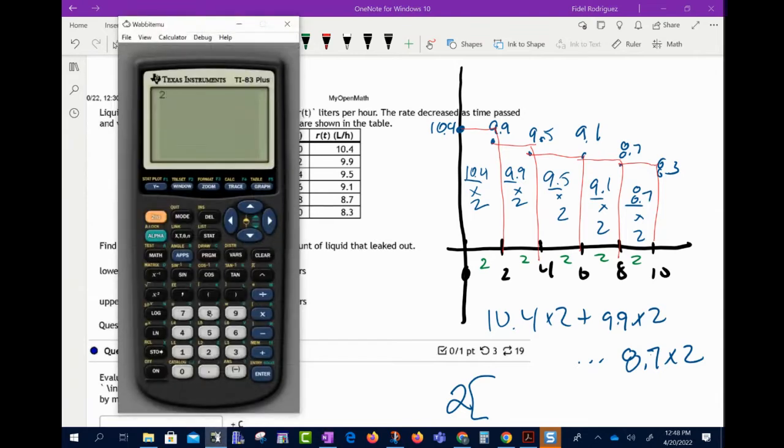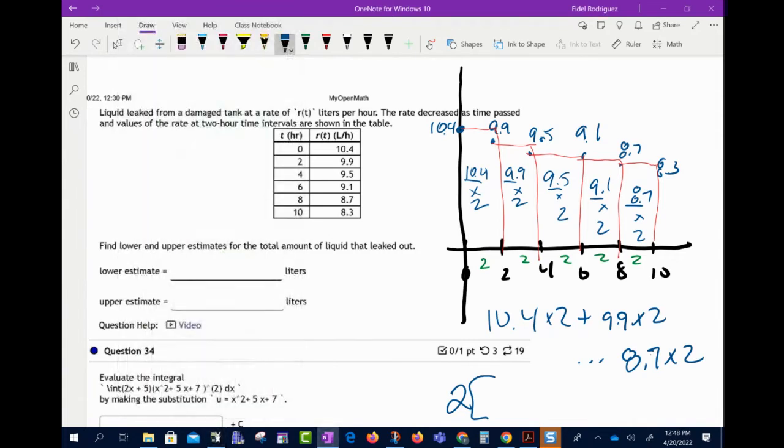So look, this is what I'm going to do. 2 times my height, 10.4 plus 9.9 plus 9.5 plus 9.1 plus, what is it, 8.7? Leave out the last one, right? 95.2. Okay, now look, y'all, that's the answer that I'm coming up with.